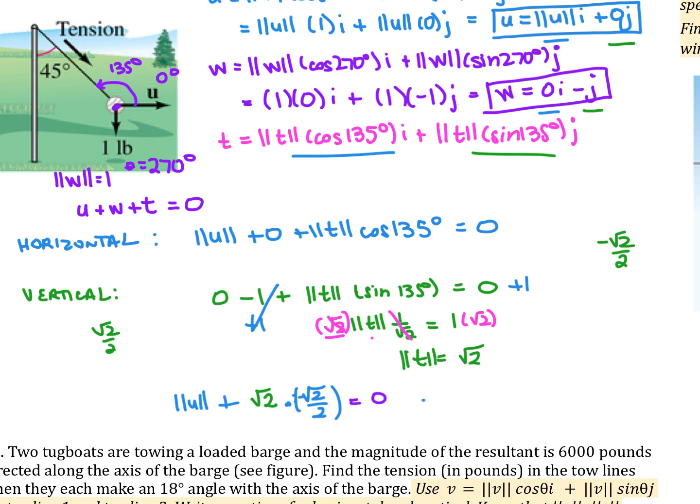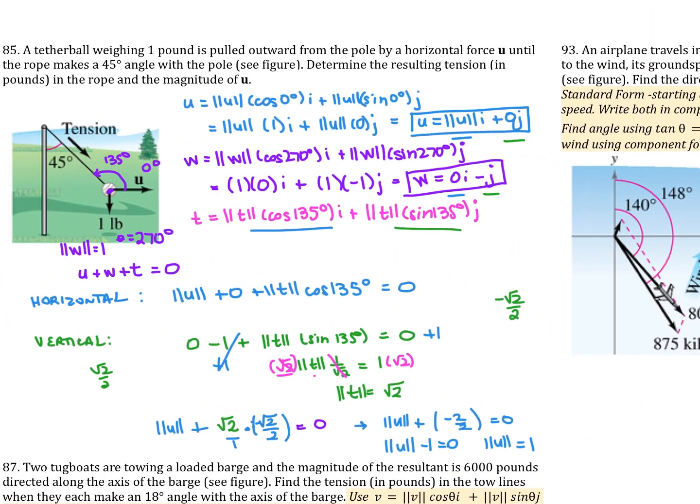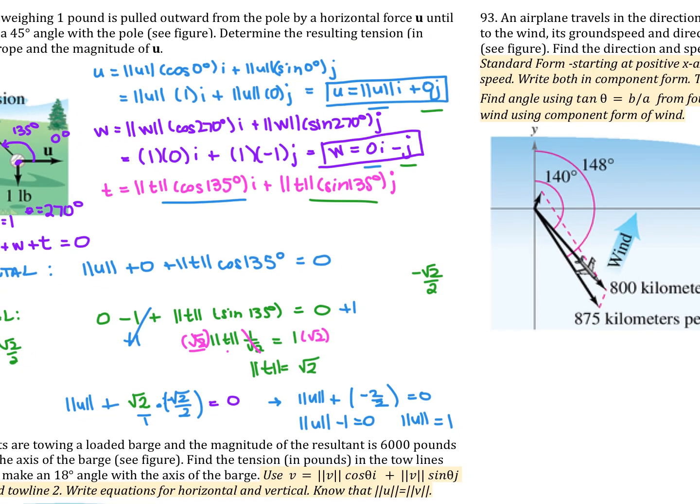So we have the magnitude of U plus square root of 2 times negative root 2 over 2, which is negative 2 over 2, equals 0. So the magnitude of U minus 1 equals 0, or the magnitude of U equals 1, which is what we were looking for in the beginning. So the magnitude is 1.